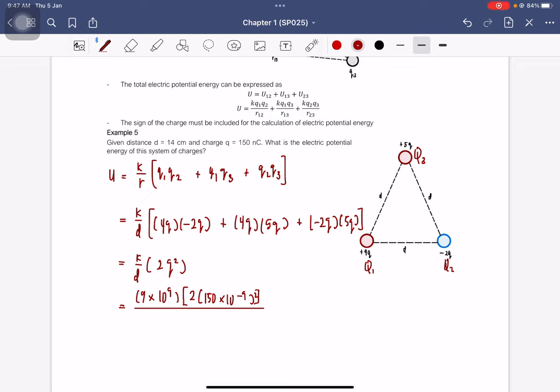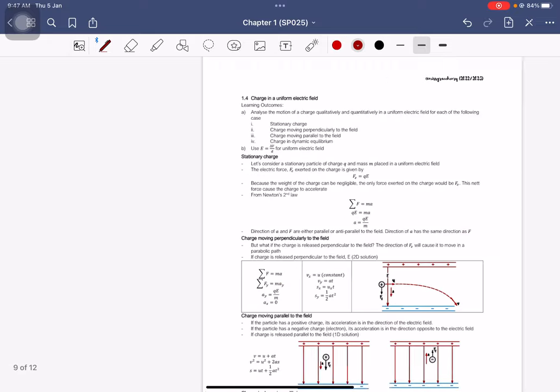D is equal to 14 centimeter. If you calculate this, you will then get 2.9 times 10 to the power of negative 3 joule. Okay, so that's quite straightforward actually.